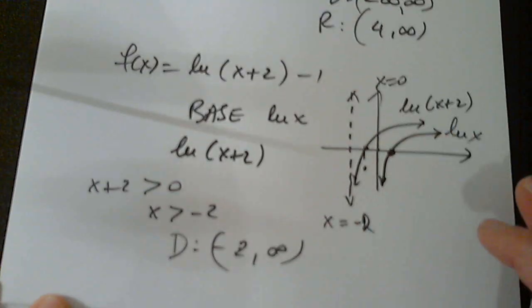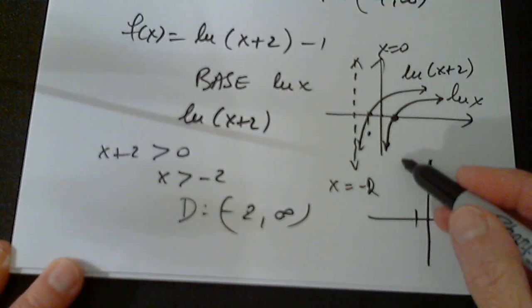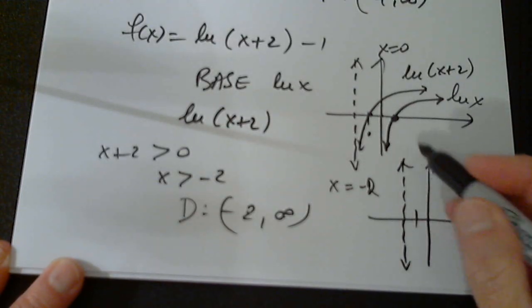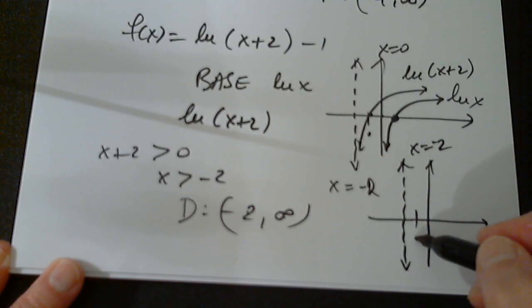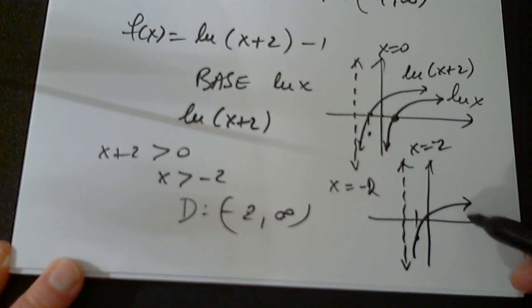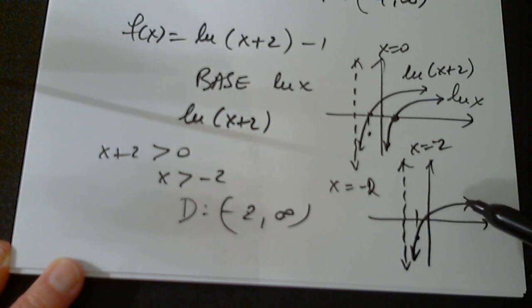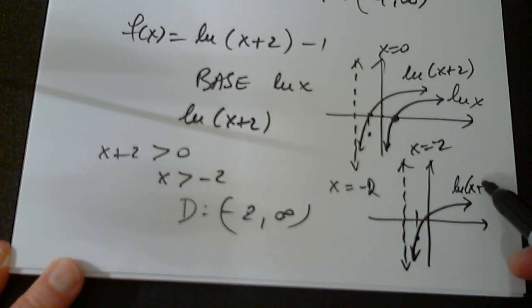Too much on one graph, so I'm going to graph it here. So, of course, I have to graph x equals negative 2. And then move the graph here. I don't know where it crosses the x-axis and the y-axis. So this is natural log of x plus 2 and minus 1.